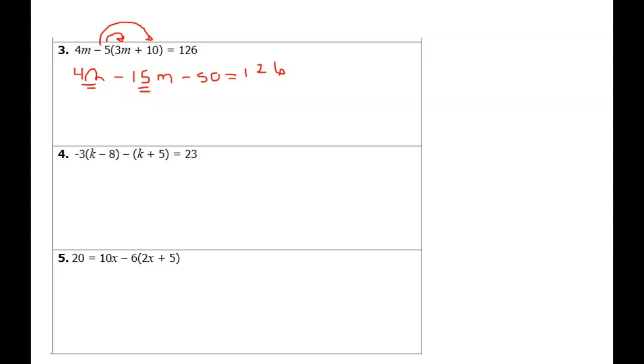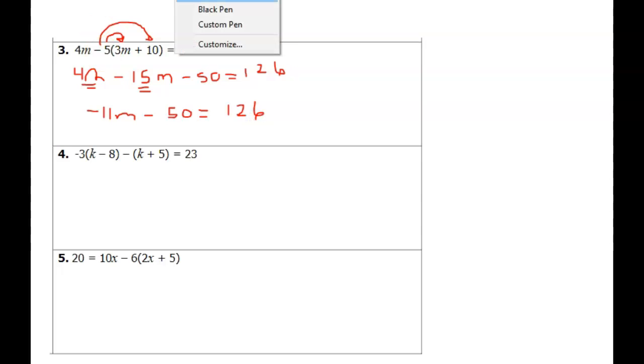So I can combine them together because they're both m's, right? Well, 4m minus 15m, or 4 minus 15, is going to be a negative 11m minus 50. That's equal to 126.